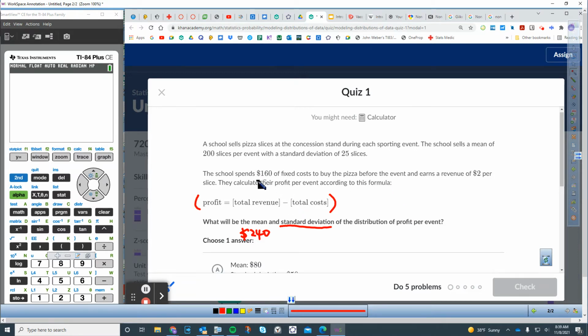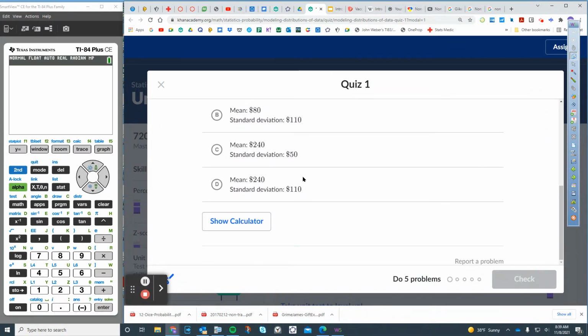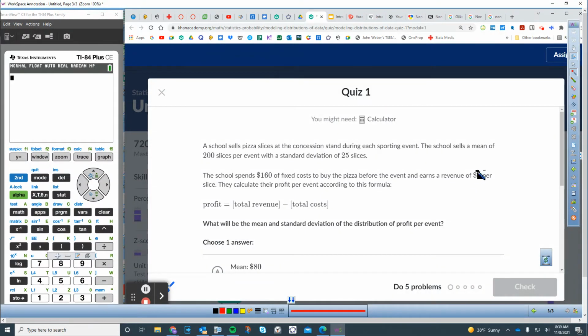The total cost spends 160, but that is fixed. So it seems like the standard deviation of the cost doesn't really change. The options are 50 or 110. It's $2 per slice.